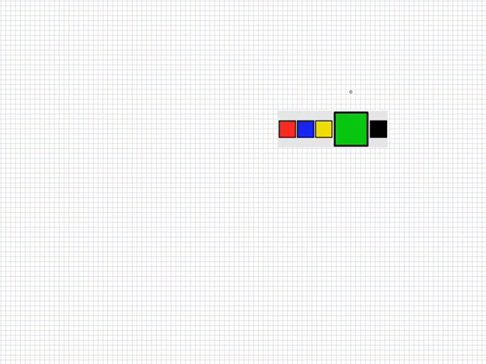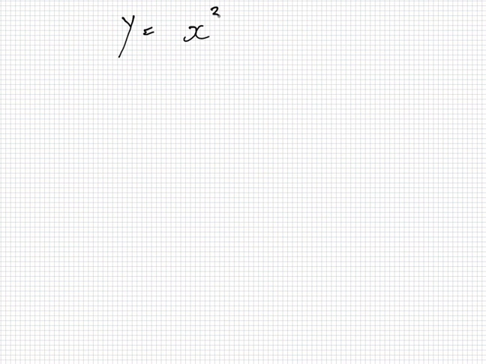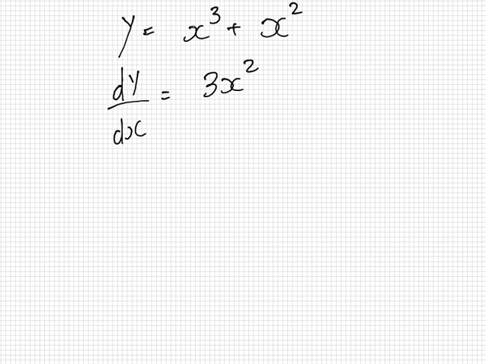Okay, so some examples. Let's say we have y equals x cubed plus x squared. What is the derivative? Derivative is 3x squared. So the power comes down and you take 1. Plus 2x to the power 1. That's it.